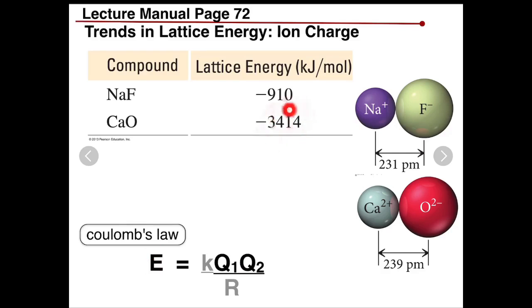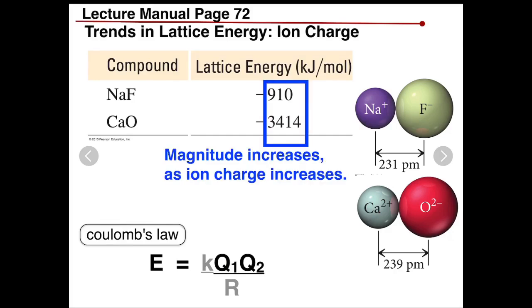The negative value tells us that this is an attractive force between the two, because you have a positive and negative multiplied by each other. So we can conclude that the magnitude increases as the ion charges increase, because bigger charges attract each other more strongly than smaller charges.